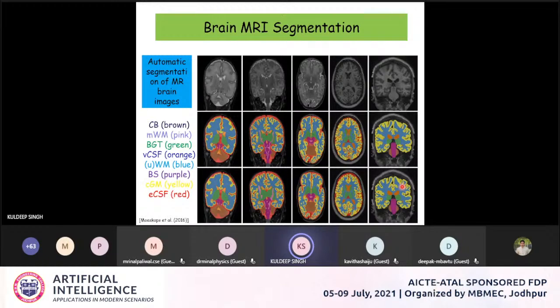Another area, and in fact one of the most popular medical modalities, is the MRI. As you are aware, the MRI is very complex data. It has certain layers, and each layer has certain significance. The amount of data provided in an MRI is very huge.